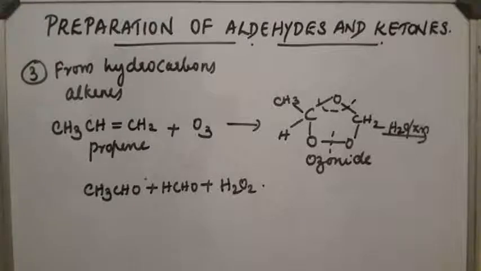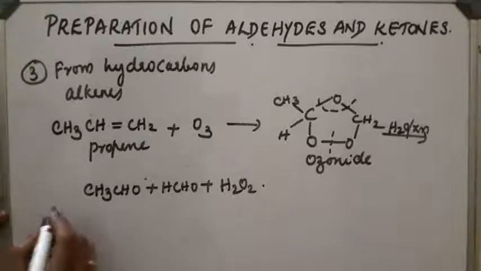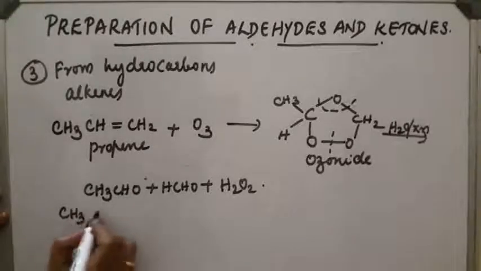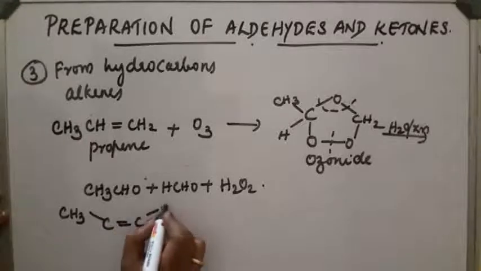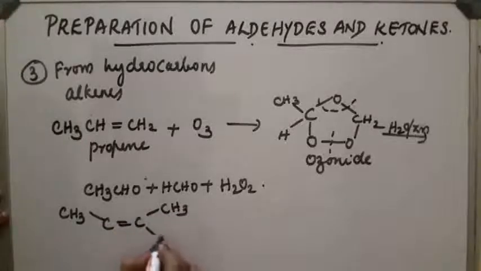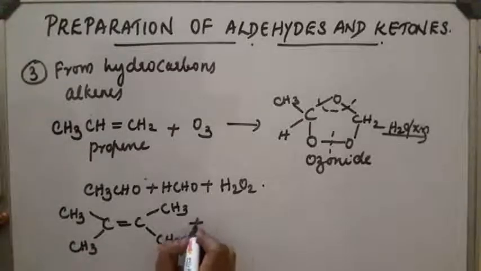Now, how can we obtain a ketone? A ketone can be obtained from another compound, dimethyl butene, (CH3)2C=C(CH3)2, which will be the reactant.